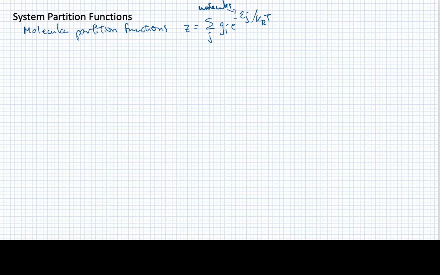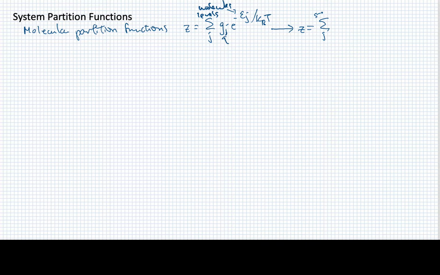Now, before I do this, I want to simplify some of the notation that we're using. These summations that we've been using to create the partition function are implicitly summations over the levels, that is, the energy levels that the molecule can have. And that's why we've included these degeneracies in those levels, because a particular level may have many states that have the same energy. What we're going to do instead is make this into a summation over states.